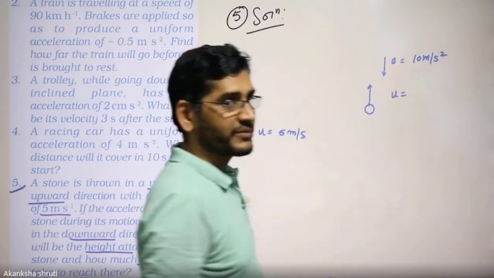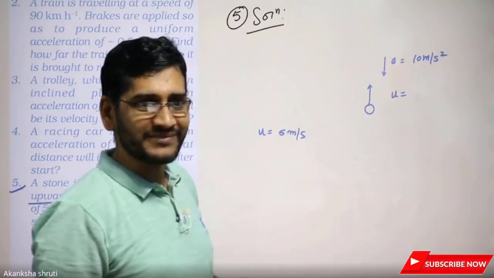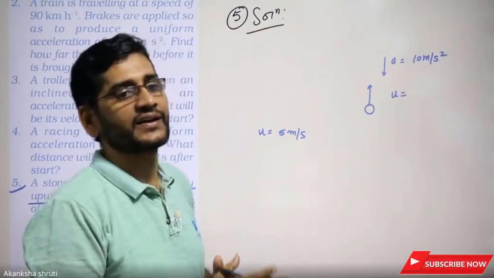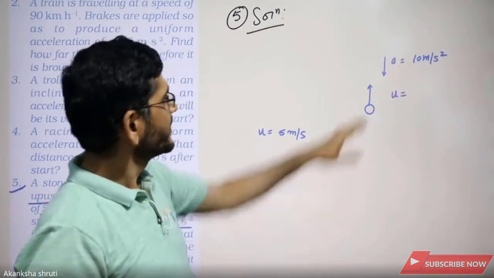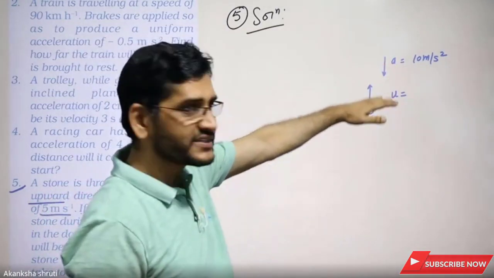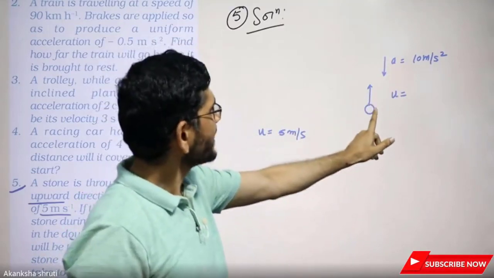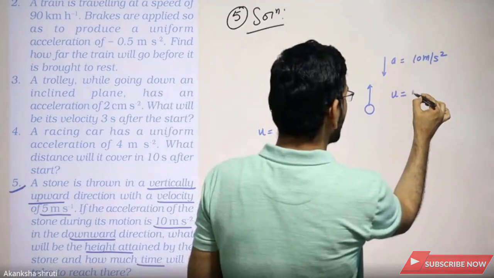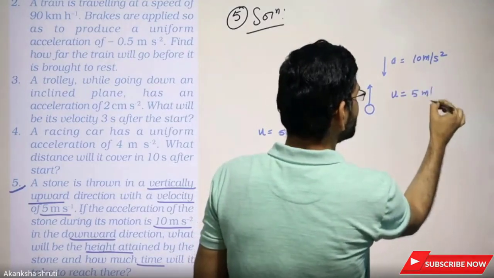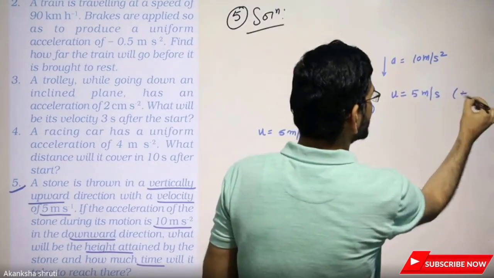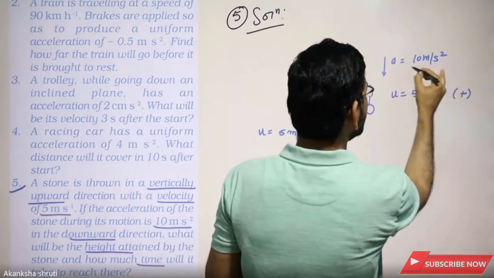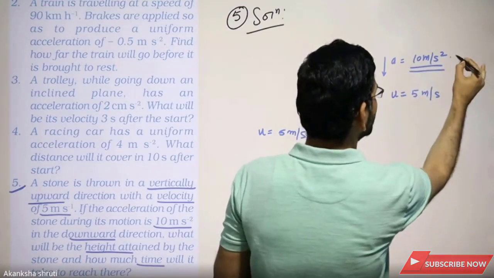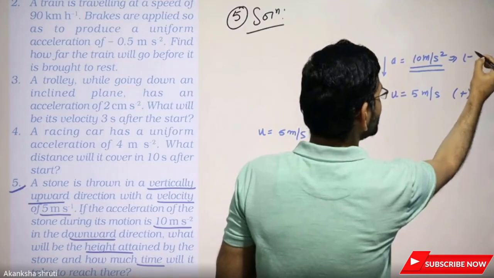Students, from here the concept of taking a reference and the sign arises. Now here it is given that acceleration is downward, but our motion is upward. So here we have taken u as 5 meters per second upward as positive, then surely this should be taken negative. So you must take it negative.